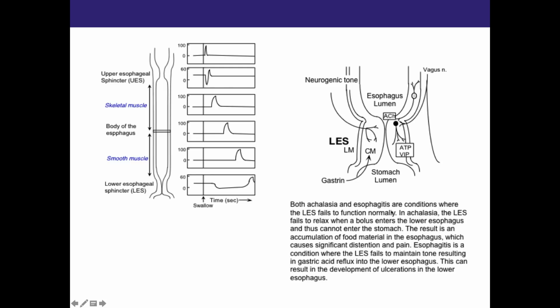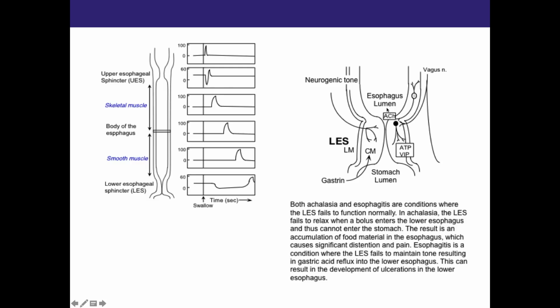So they're the opposite. Esophagitis is basically when there is a failure to maintain tone. So the LES fails to maintain tone, which results in acid bubbling up from the stomach and starting to erode the esophagus.